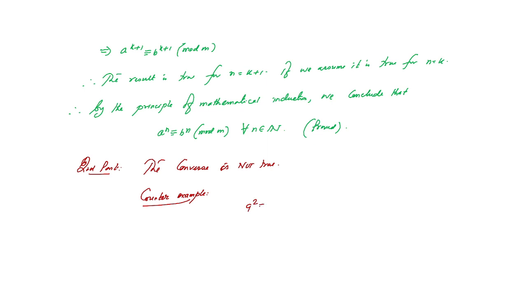You will see 9 square is congruent to 7 square mod 8. Why? That means 81 is congruent to 49 mod 8, because 8 divides 81 minus 49, that means 32.